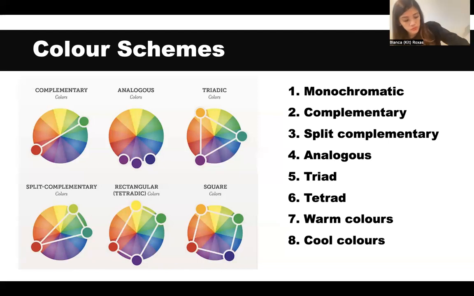Again, to those who do not know what they are supposed to do at this time, you have to go to Google Classroom, go to classwork, and then under term 3 tasks, you will see the task with the title formative test color schemes.